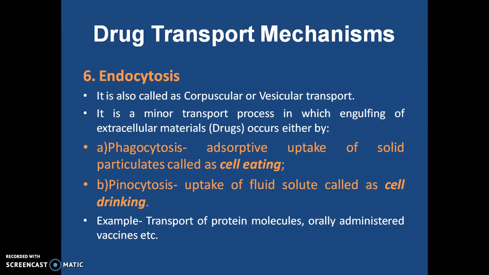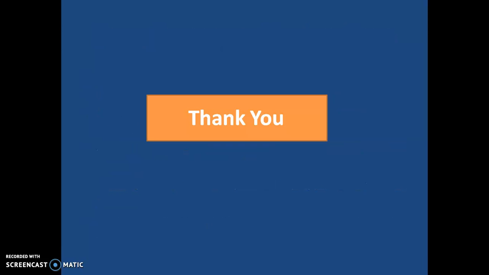Phagocytosis involves adsorptive uptake of solid particulate substances, so more preferably called the cell eating process, and pinocytosis involves uptake of fluid or liquid solute, hence called the cell drinking process. Examples of endocytosis include transport of protein molecules and orally administered vaccines.